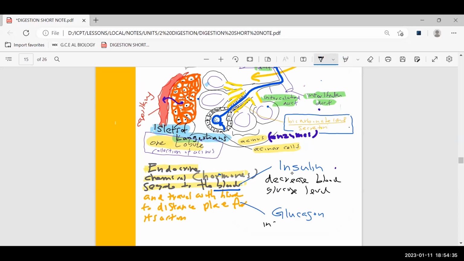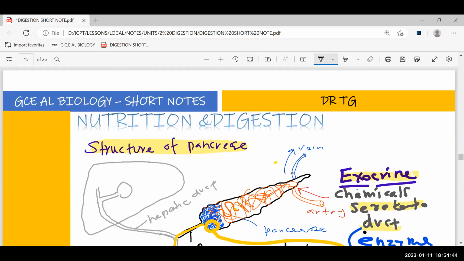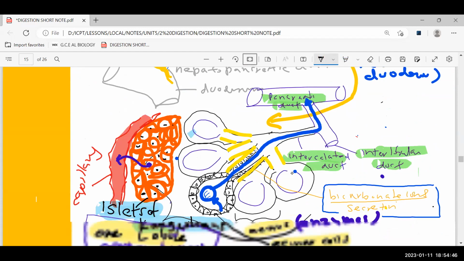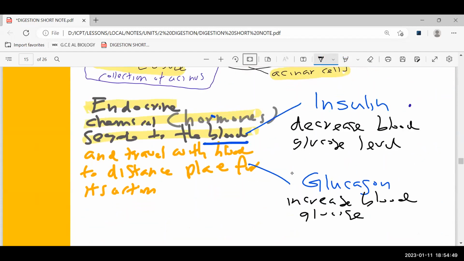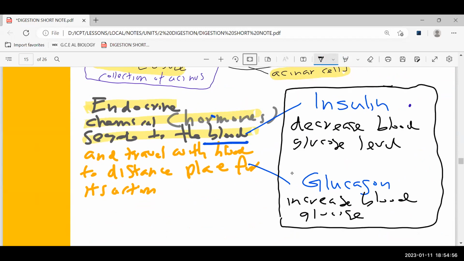Glucagon increases blood glucose. So this is the function of these two hormones. Very important. Regulation of glucose in the human body is done by insulin and glucagon. Insulin decreases glucose level, glucagon increases blood glucose level.